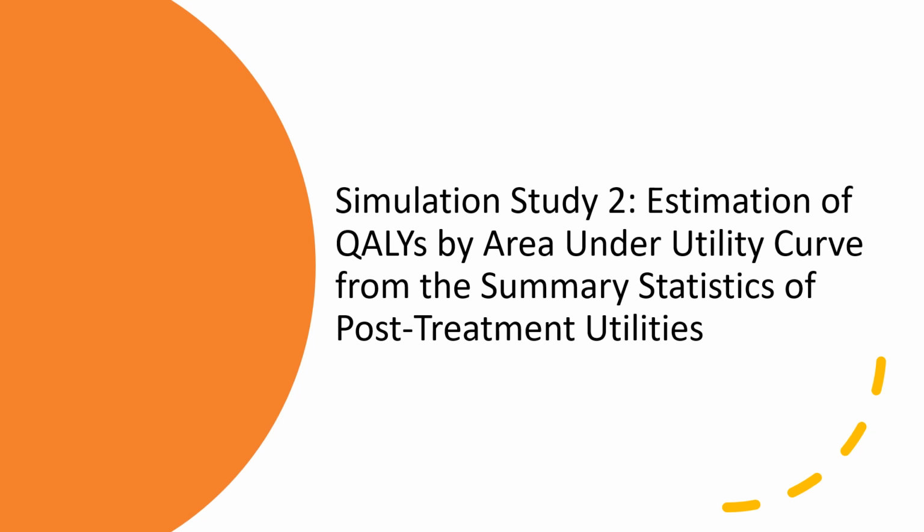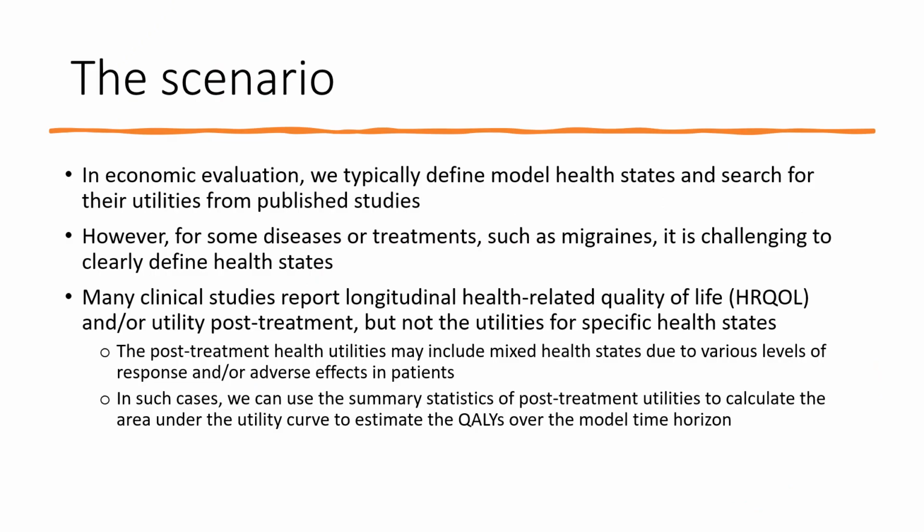Simulation Study 2. Estimation of QALY by area under the utility curve from the summary statistics of post-treatment utilities. In economic evaluation, we typically define model health states and search for their utilities from published studies. However, for some diseases or treatments, such as migraines, it is challenging to clearly define health states.